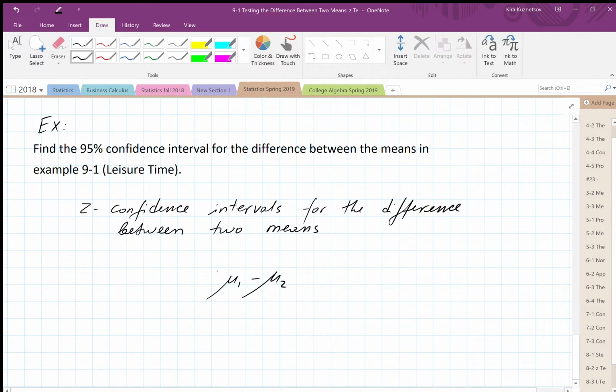So the confidence interval will be bound by the difference between the two samples plus the error. Now the error looks really ugly this time. It's Z alpha over 2 times the square root of sigma sub 1 squared over n sub 1 plus sigma sub 2 squared over n sub 2.